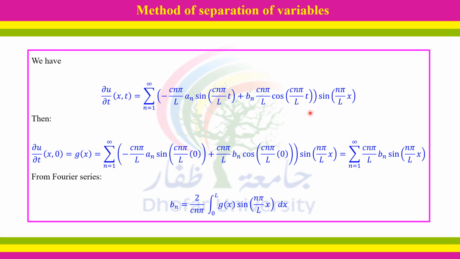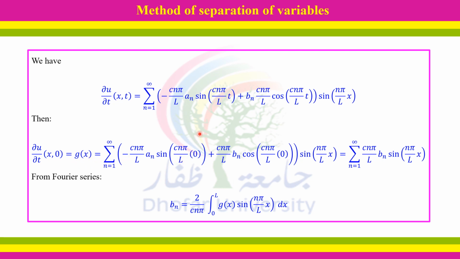And the derivative of the sine is positive cosine multiplied by the derivative of the inside, which gives this constant value here. Now, when we substitute t equals 0 in the derivative, we obtain the second initial condition, g of x equal this summation.